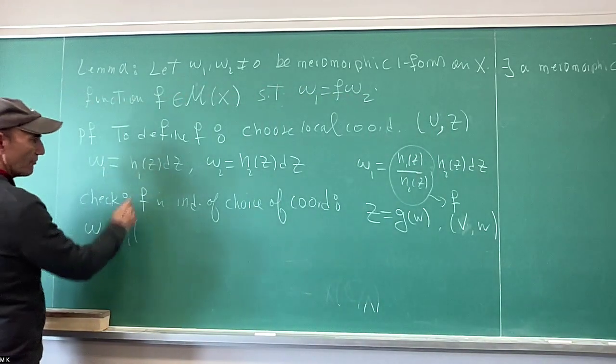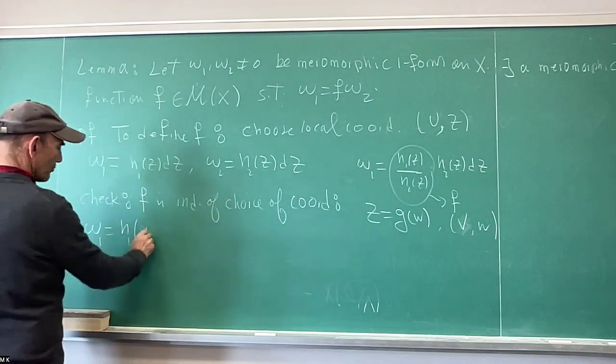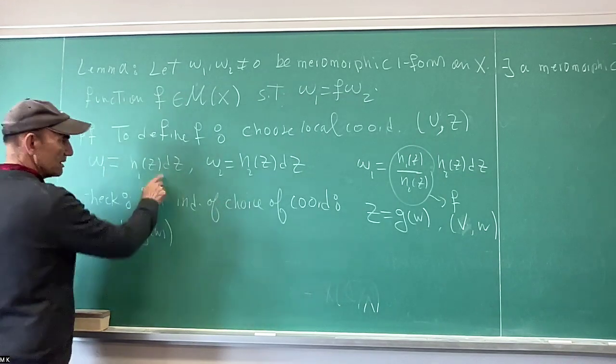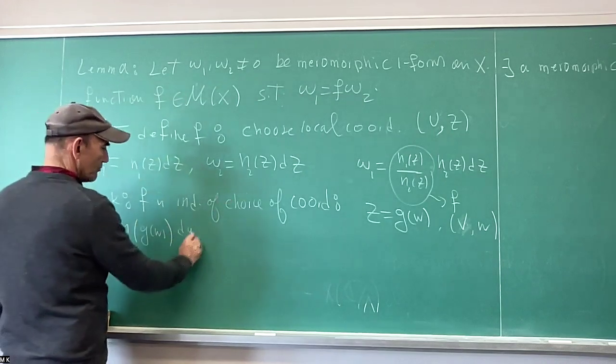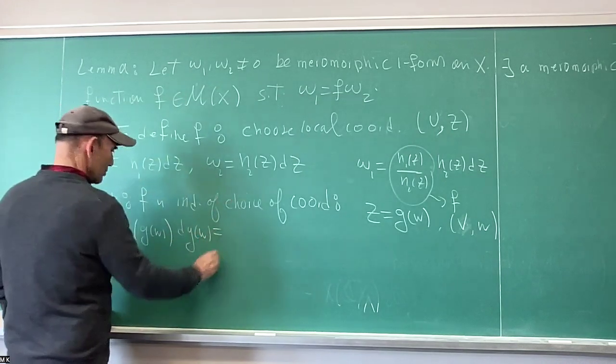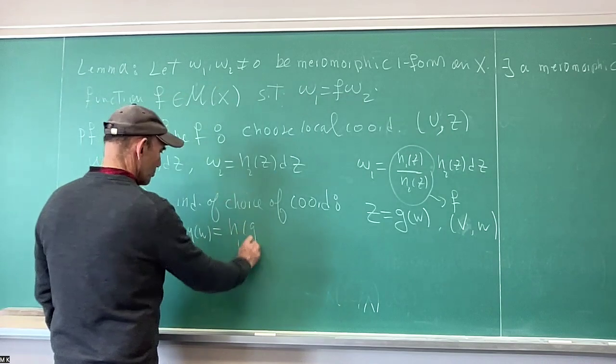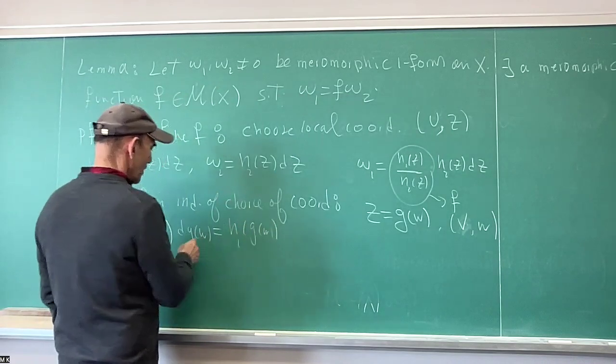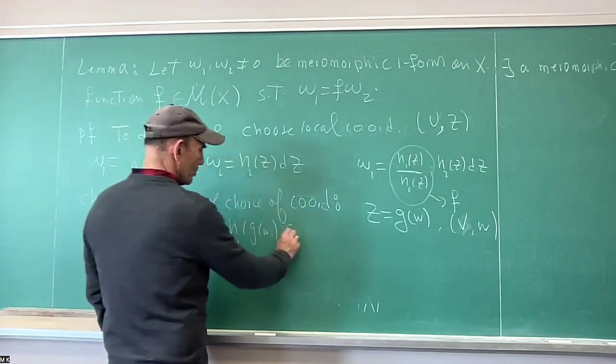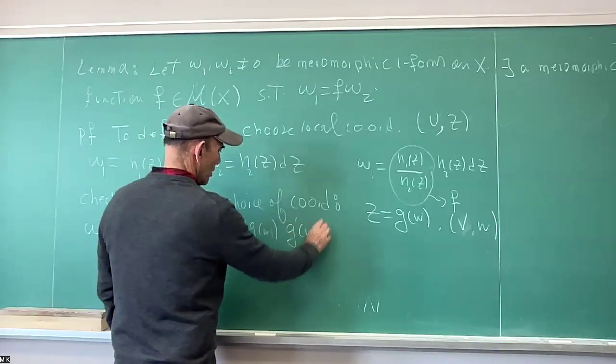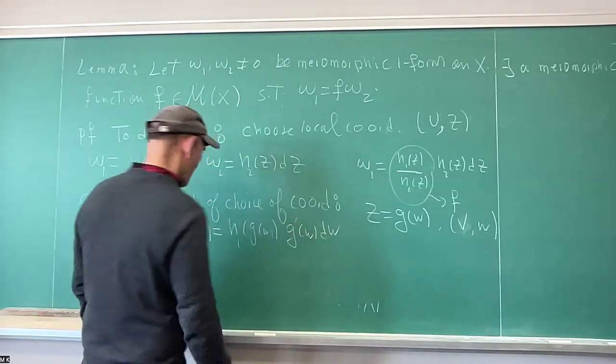is h1 of, you just replace z by g of w, d of g of w. So this is h1 of g of w. Then we have got g prime of w dw. Right?